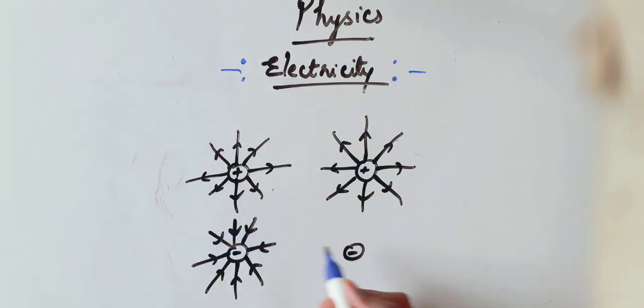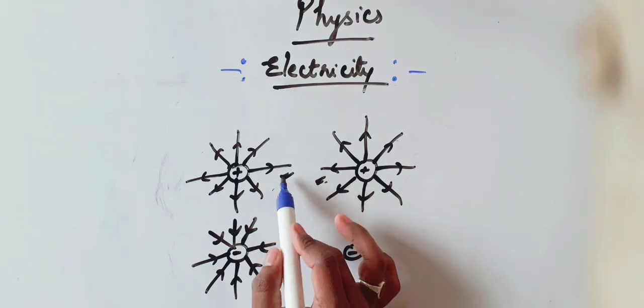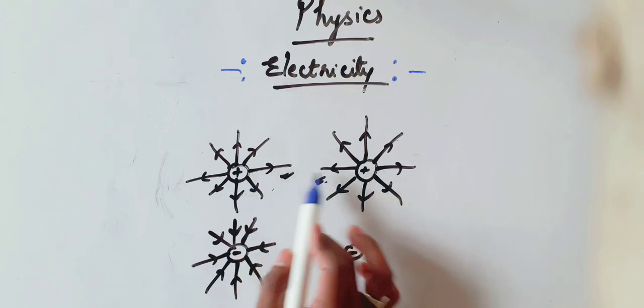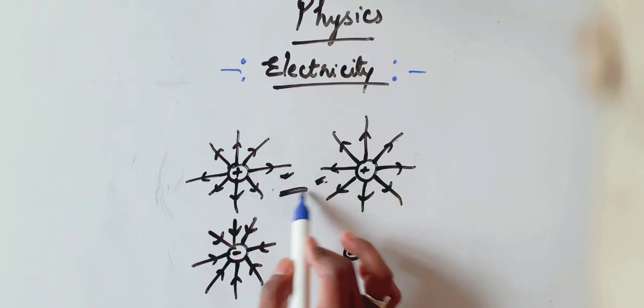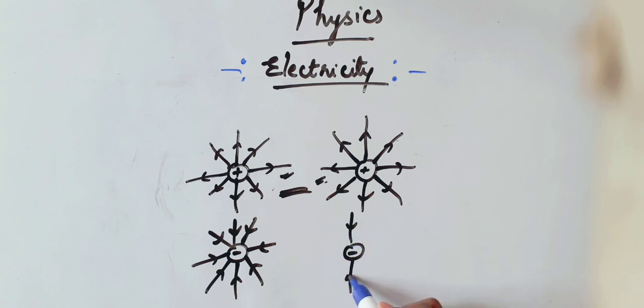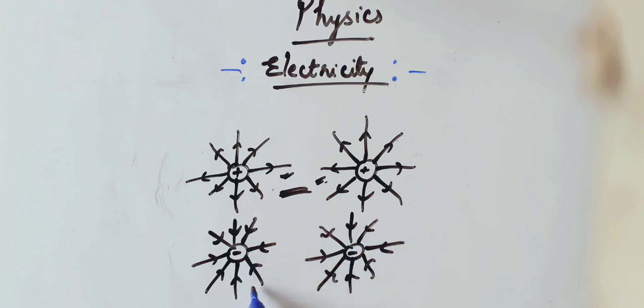So here both sets of electric field lines are in an outward direction, so they will repel each other. Here on negative charges, the electric field lines on both charges are inward, so they will also repel each other.